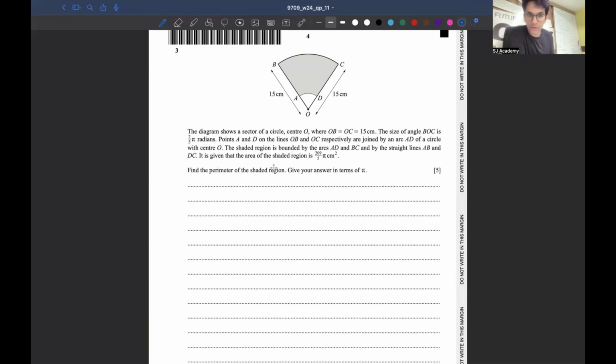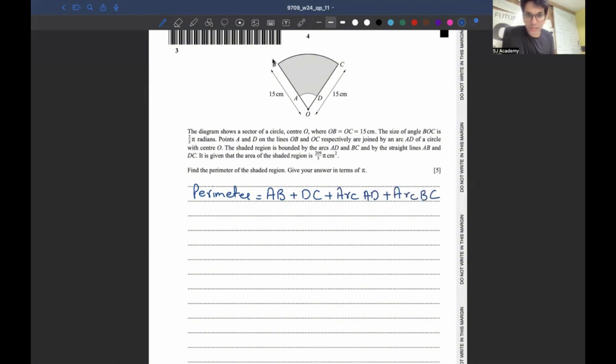Now, to find the perimeter of the shaded region, we should know that it includes the lines AB and DC. So we can write the perimeter as the length of the line AB plus the line DC plus the arc length AD plus the arc length BC.